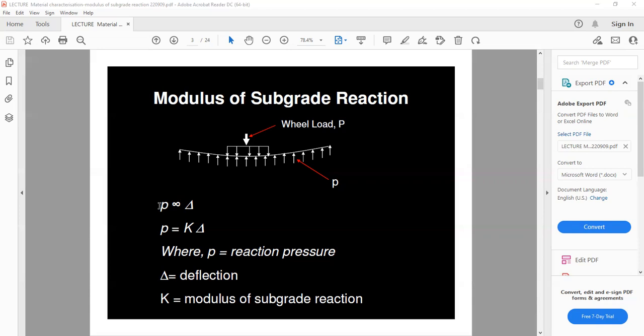If you look at it mathematically, this reaction is proportional to the deflection. If you remove this proportional sign, it can be replaced by a constant K, and this constant is actually the modulus of subgrade reaction.